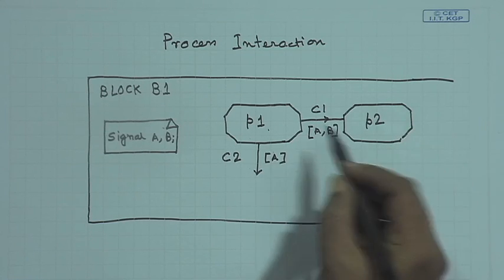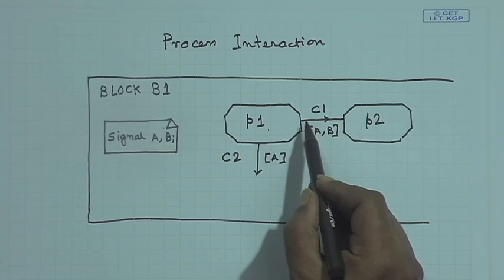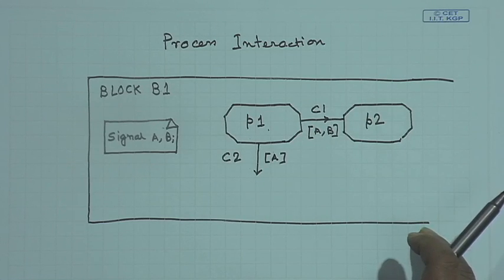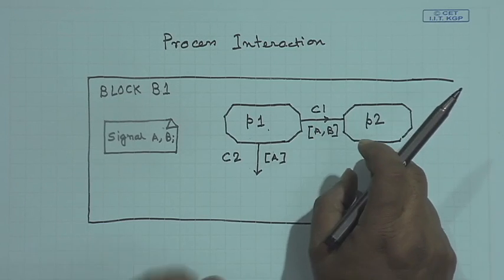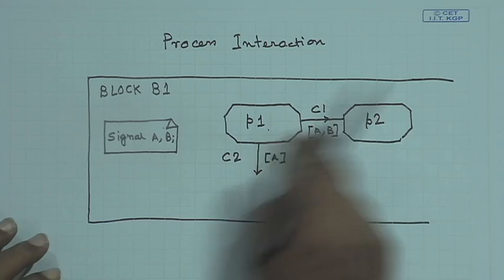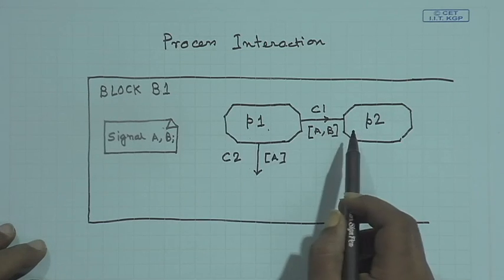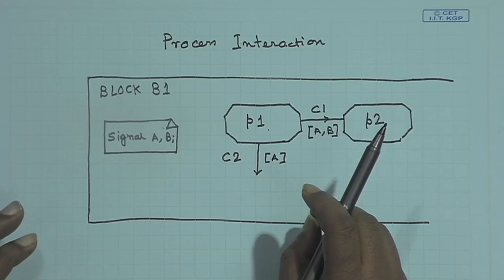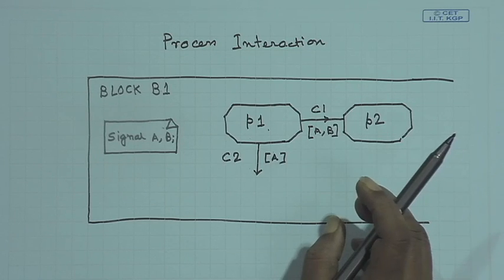Therefore, this diagram depicts the connectivity for communication or interaction among the processes, because in SDL the only mode of communication is message passing, and that will be done through channels.